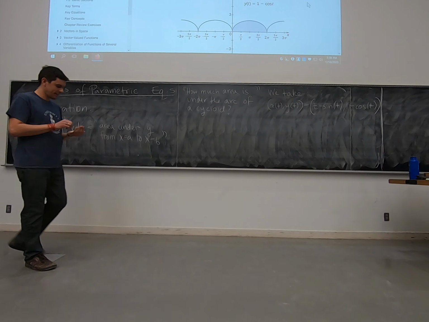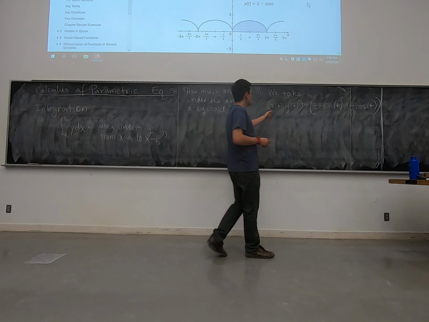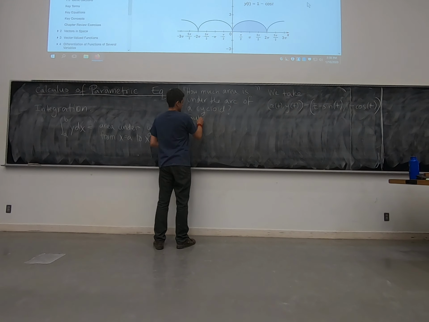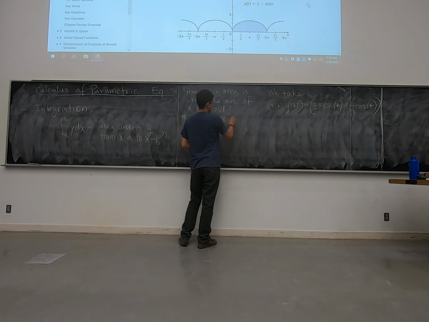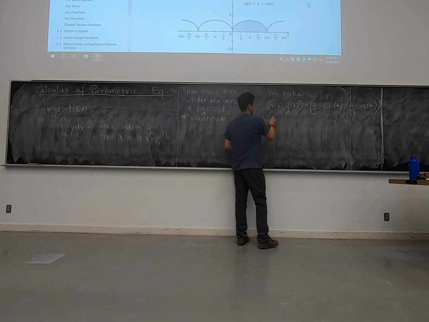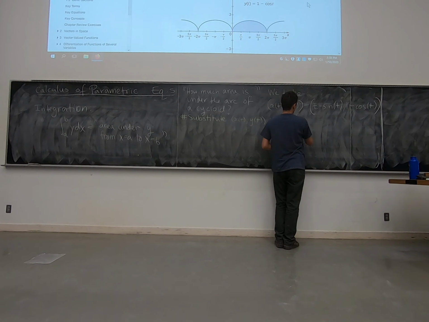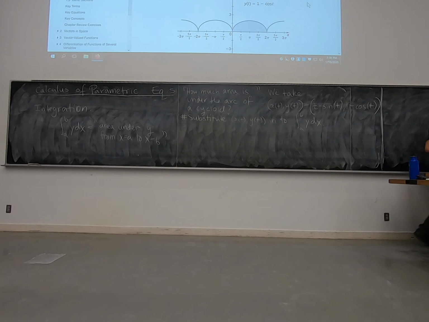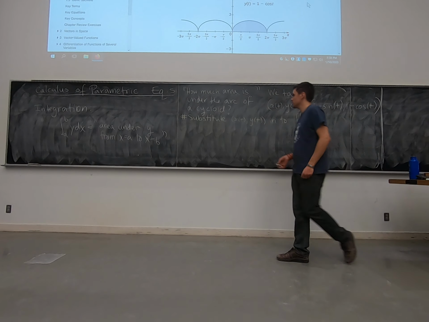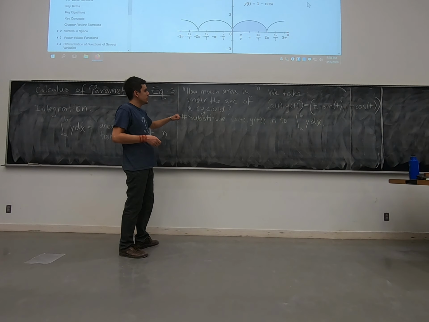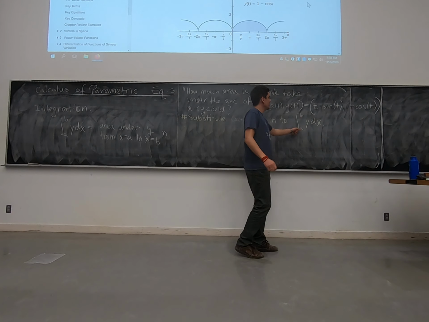Okay. Answer is we substitute in x and y into that equation, directly substitute into the integral. Right? One arc of the cycloid, our bounds are 0 and 2 pi.